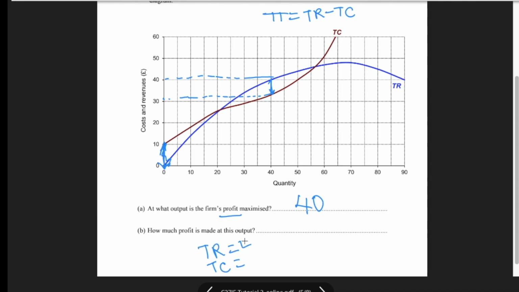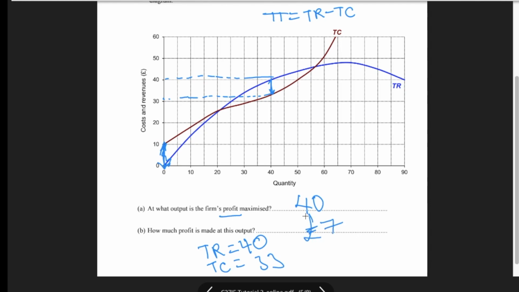Yep, and what's the total cost, roughly? Yeah, 32, 33, whatever, because you're just reading off there. If you've got the Word document, I think if you click on it, it tells you the coordinate, but that's fine. Then we subtract them. So what's the profit? 7, lovely, perfect.